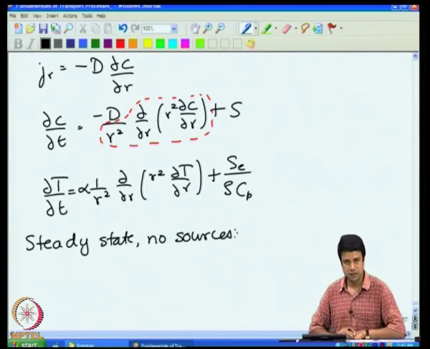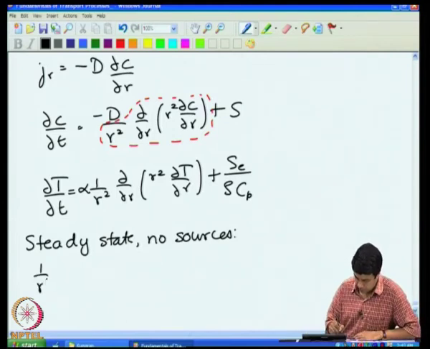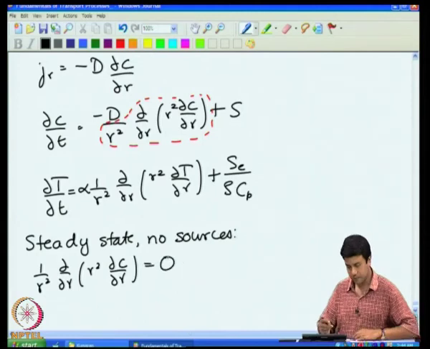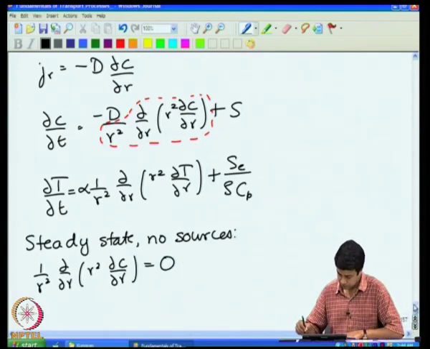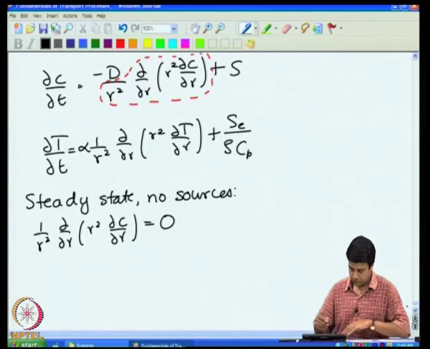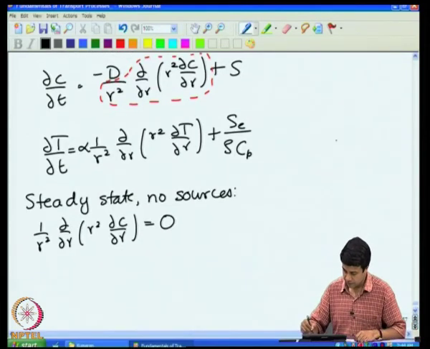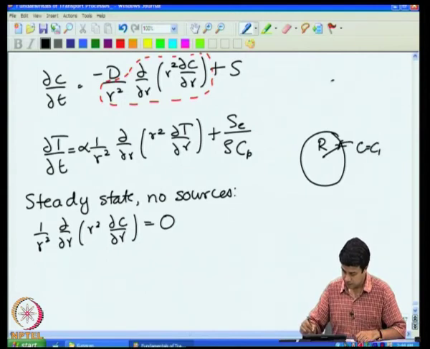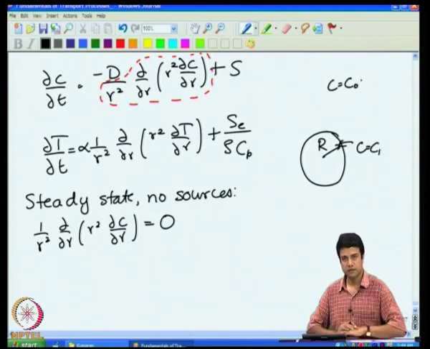For a steady state and if you have no sources, then this equation reduces to 1 by r square d by dr of r square dc by dr is equal to 0. And as I said, we have a catalyst particle of radius R. C is equal to C1 on the surface and C is equal to C naught far away from the surface.